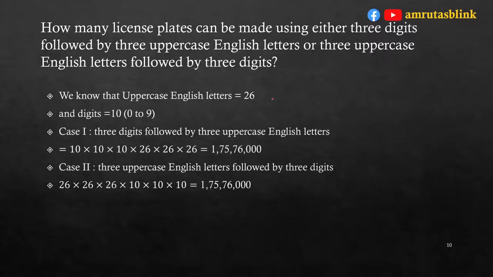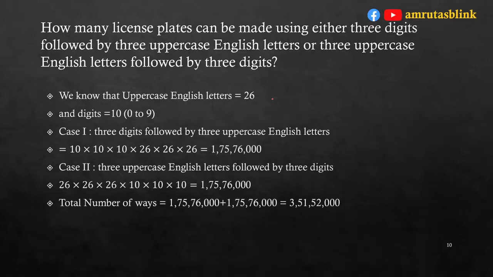So the total number of ways will be 1 crore 75 lakhs 76,000 plus 1 crore 75 lakhs 76,000, which gives you 3 crore 51,052 lakhs. So ultimately you can make these many license plates.